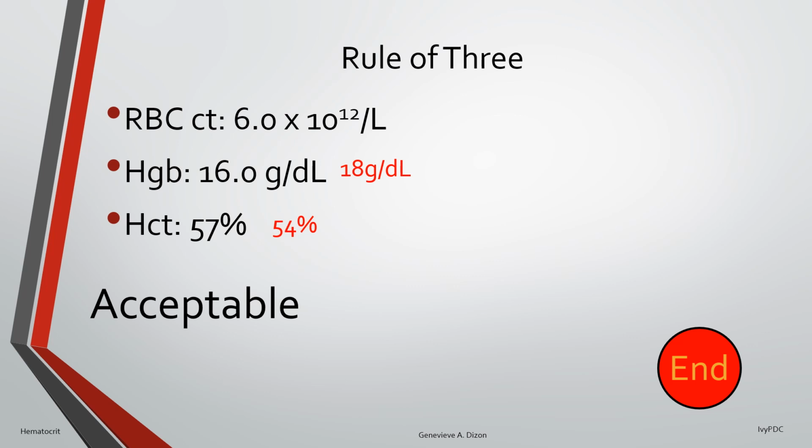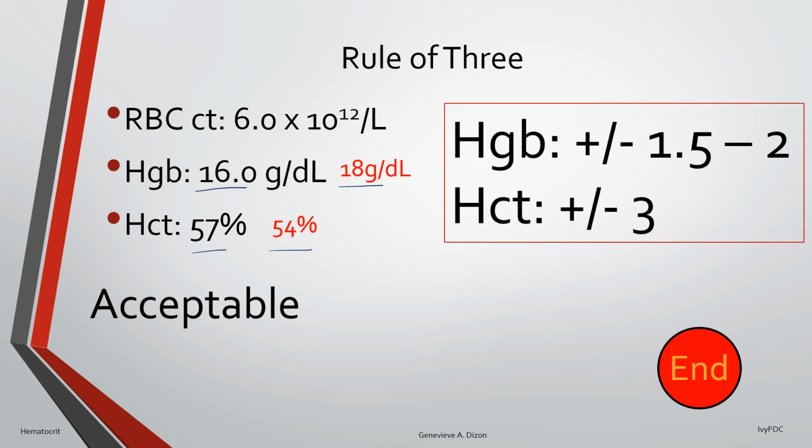So why are they acceptable when the values are not the same? The reason is because they still fall inside the reference range of the rule of 3. For hemoglobin, we can add or subtract 1.5 to 2 grams per deciliter from the expected value, and for hematocrit, we can add or subtract 3% from the expected value.